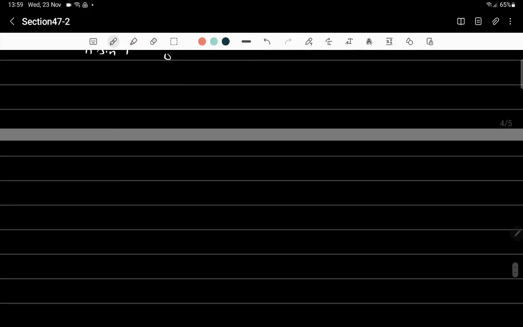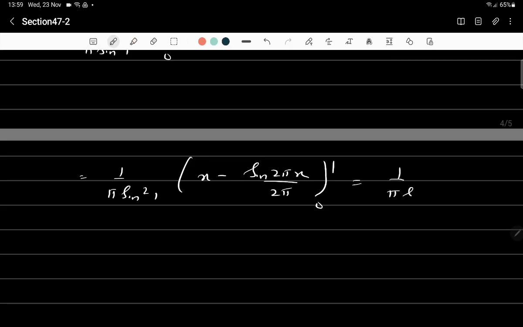So if you simplify it further, then it is 1 by pi sine square 1 times x minus sine 2 pi x by 2 pi, and that gives you 1 by pi sine square 1. So that is the required answer.